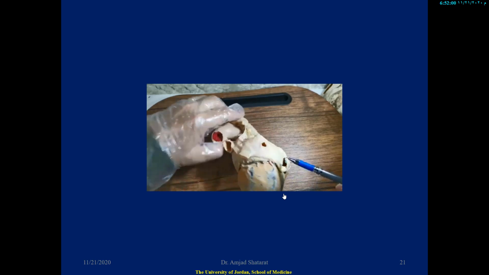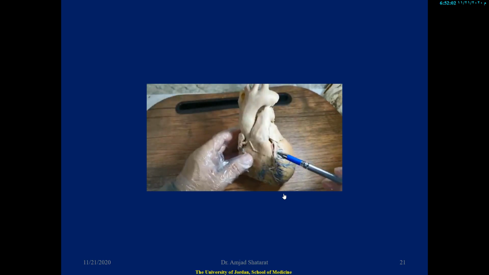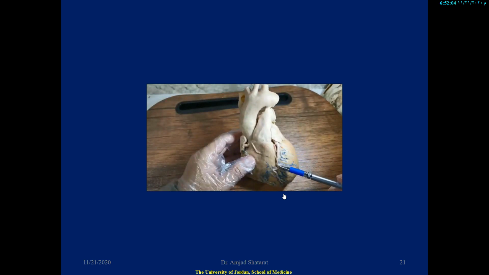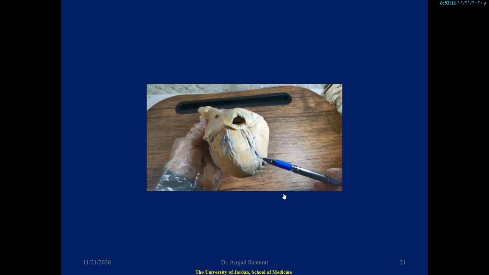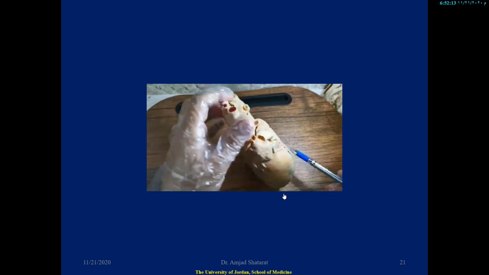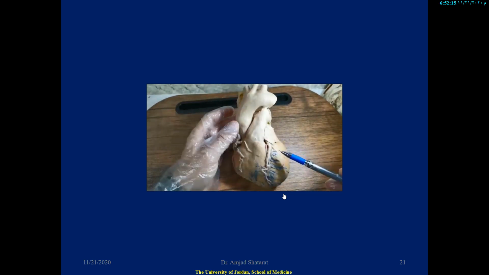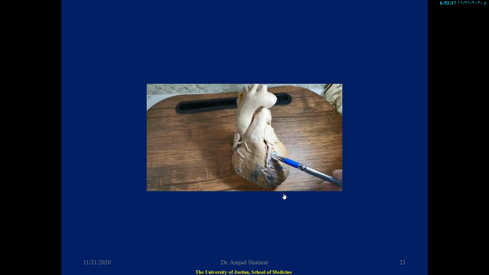So we have two sulci: the anterior interventricular on the anterior surface, and the posterior on the diaphragmatic surface. What is inside the anterior? Of course the anterior interventricular artery, accompanied by the great cardiac vein.